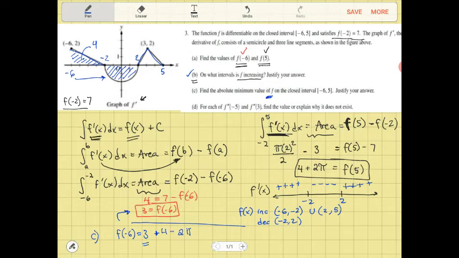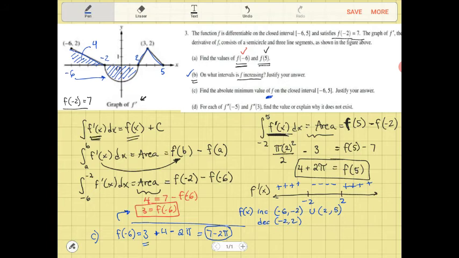But we are going to decrease. Now, after decreasing, after we go past that area, the function is going to go up again. So this would be the lowest point that we're going to reach, 7 minus 2 pi. Because after that, we're going to add a positive area, and the function will therefore increase.